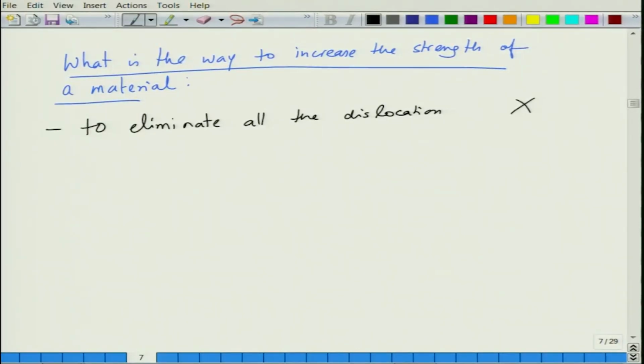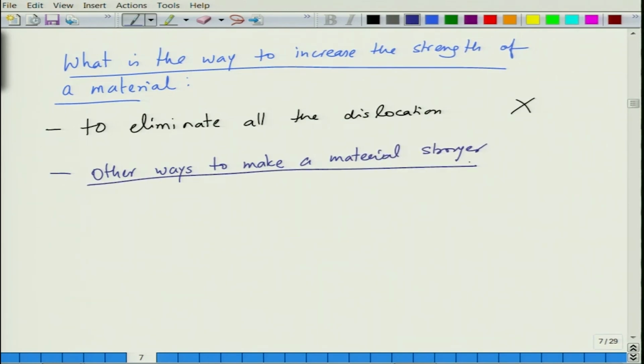There are other ways to make a material stronger. We have seen that when plastic deformation takes place, the dislocations move out of the crystal, which is a driving factor for reducing the dislocation density.